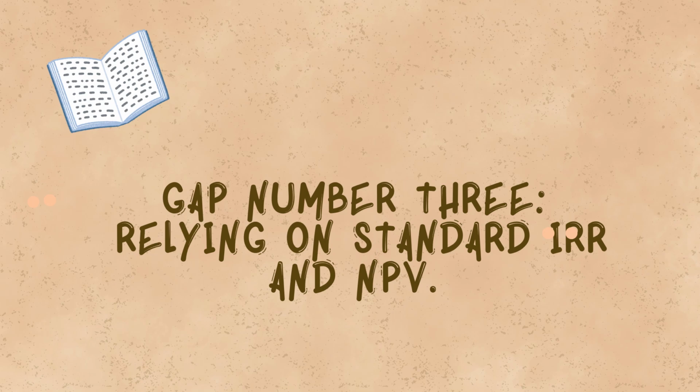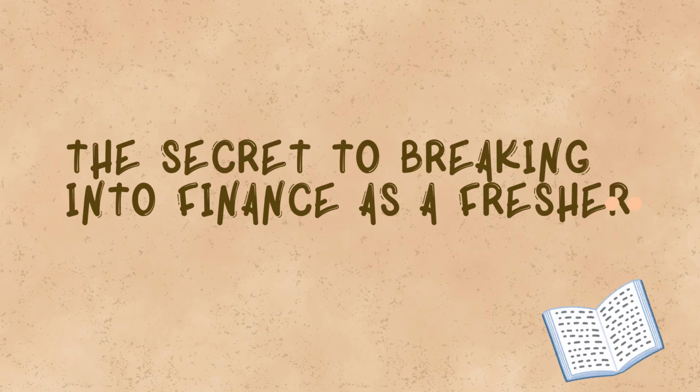So the secret to breaking into finance as a fresher isn't pretending you know everything. It's showing that you understand how the theory applies to the actual desk you will be sitting at. Stop memorizing, start thinking about the drivers behind the data.